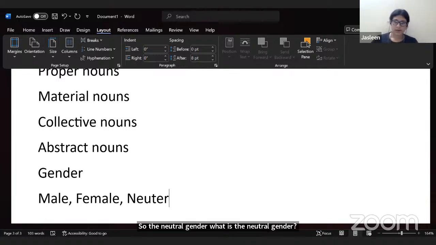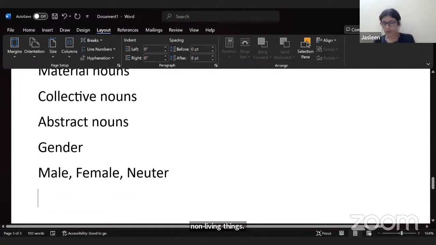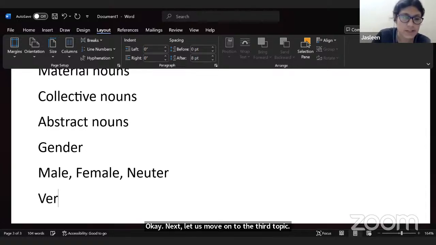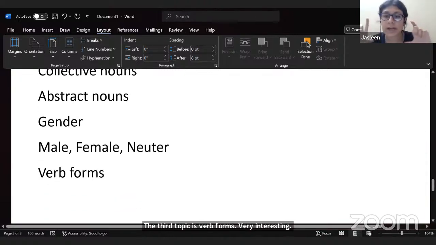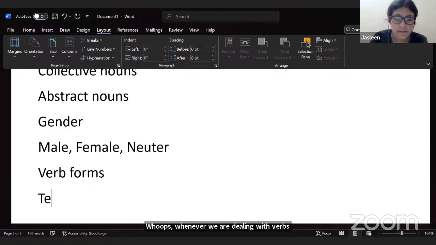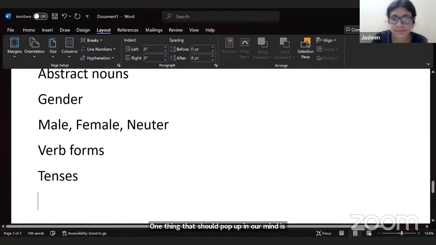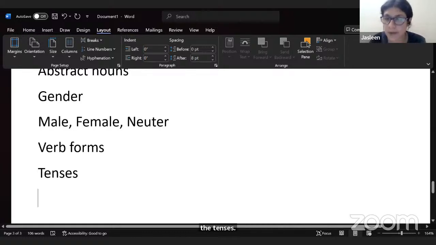Okay, next, let us move on to the third topic. The third topic is verb forms, very interesting. Whenever we are dealing with verbs, one thing that should pop up in our mind is the tenses, because tenses are defined by verbs.